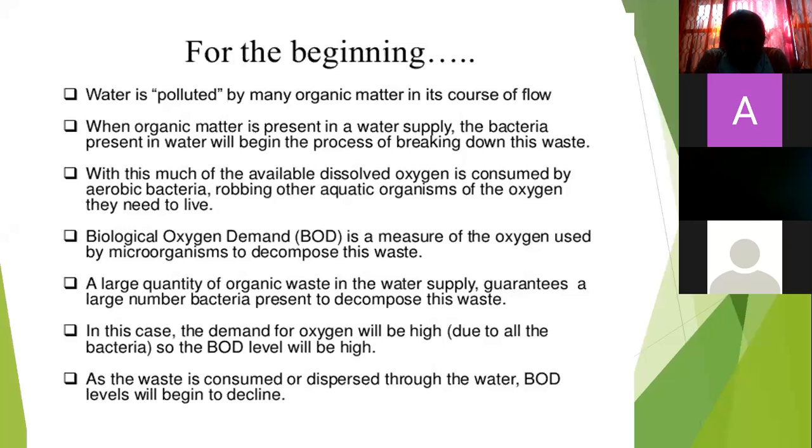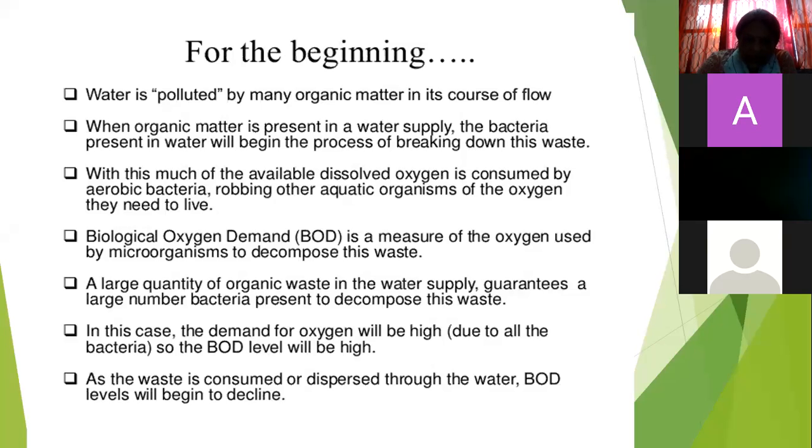And when the amount of the dissolved oxygen in water decreases, the aquatic life starts dying, or they cannot survive, like fishes and various aquatic plants. They cannot survive as the amount of the dissolved oxygen decreases in the water body.